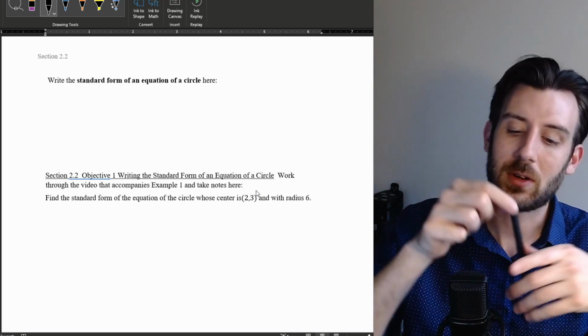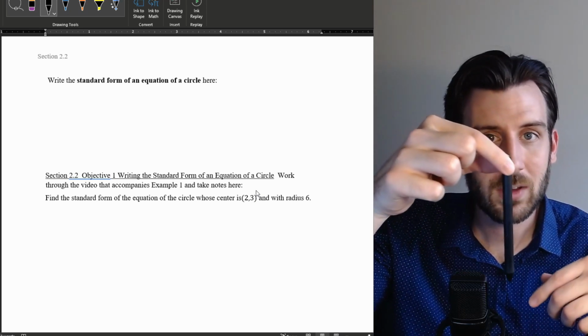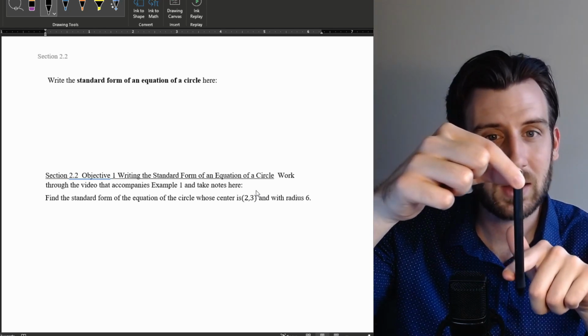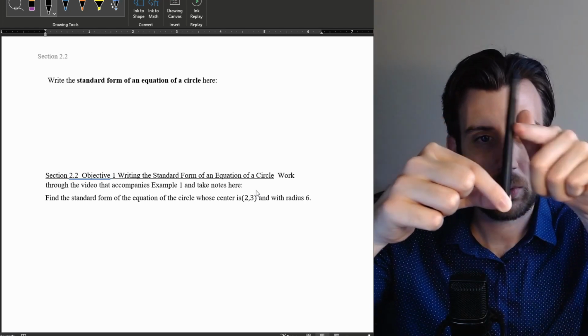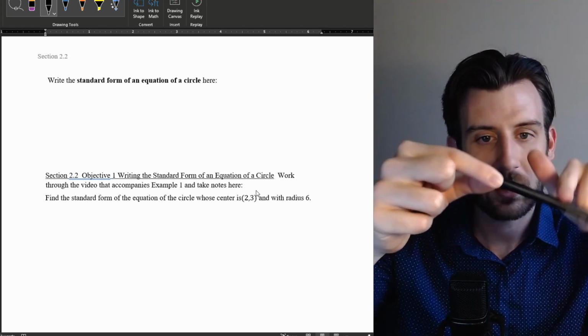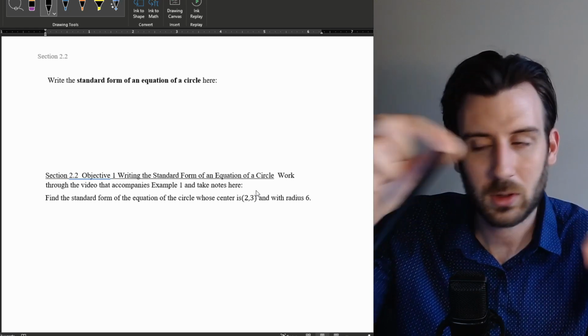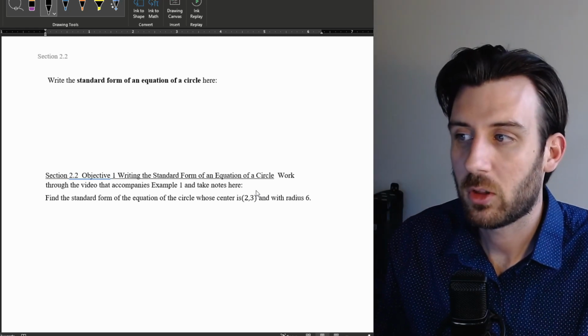So for example, even if you look here at my pen, if I wanted to create a circle, I could just keep my top hand the same, and I could go all the way around, and I could sketch that as being a circle. Okay, so what's the standard form of the equation of a circle?